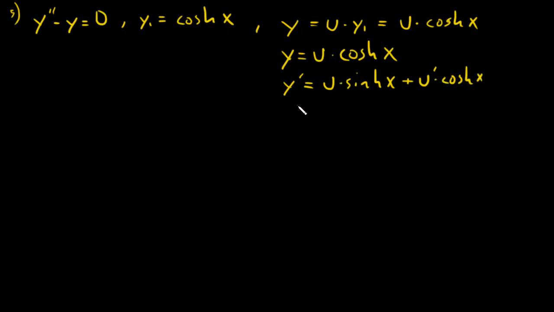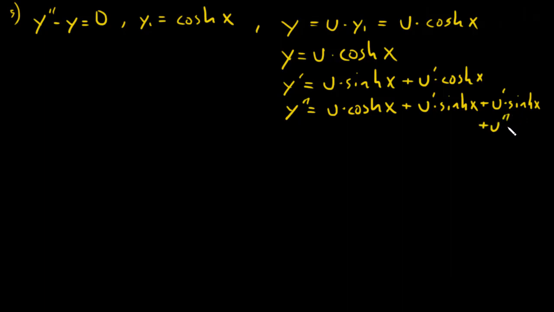So now y double prime is going to be the derivative of that: first times derivative of the second, u times hyperbolic cosine cosh x, plus u prime times sinh x, and then plus the derivative of this, which is, oh, I'm going to run out of room, first times derivative of the second, so u prime times sinh x, plus u double prime times cosh x.